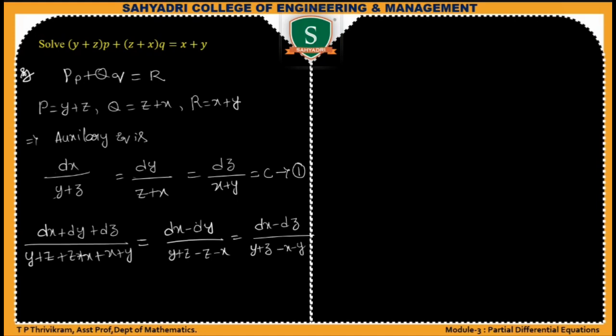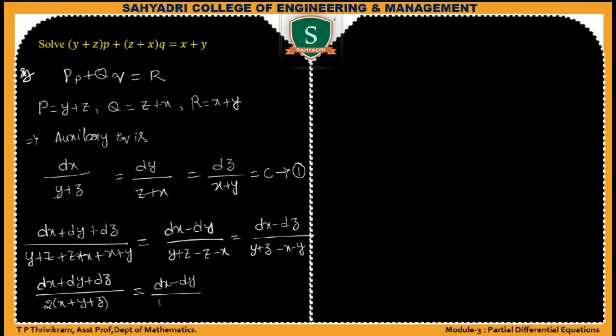Okay, so just simplify this. How much will you get? dx plus dy plus dz divided by 2 into x plus y plus z is equal to, what happens, dx minus dy divided by y minus x.